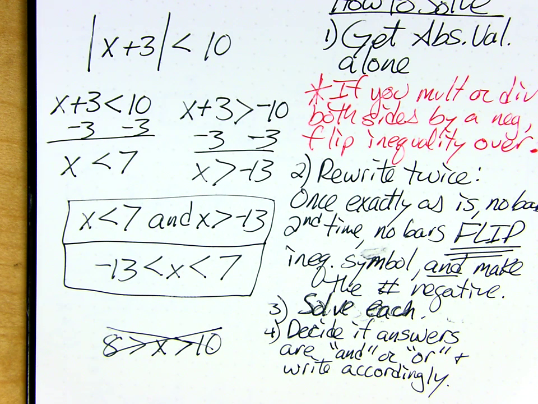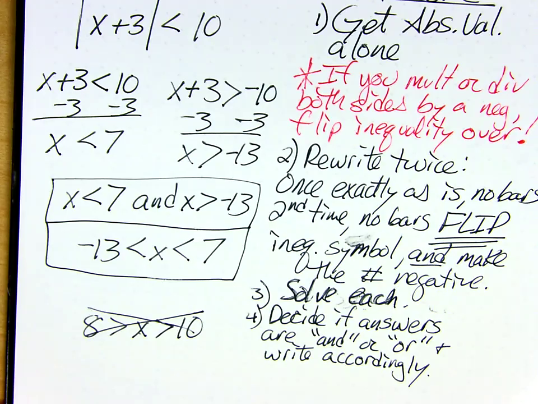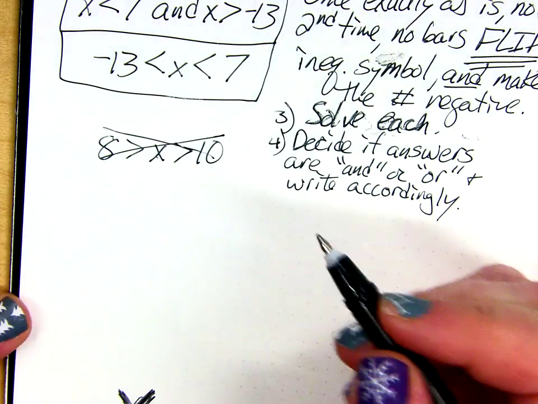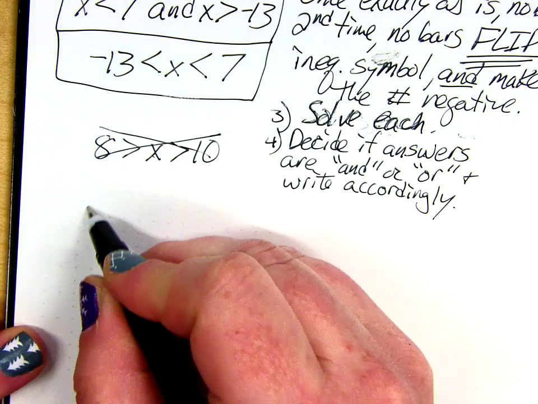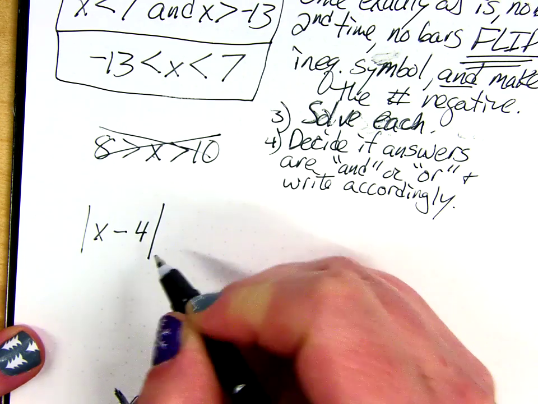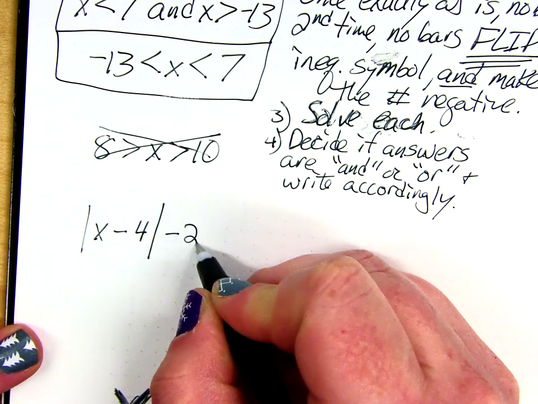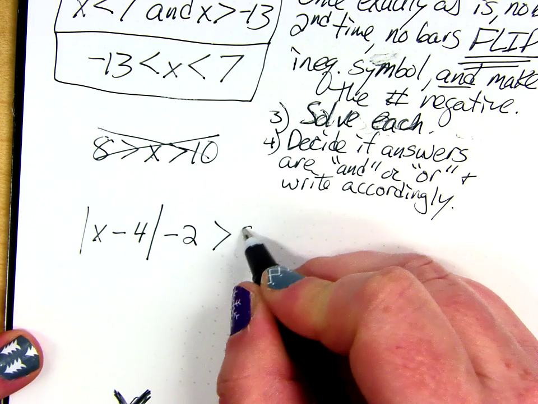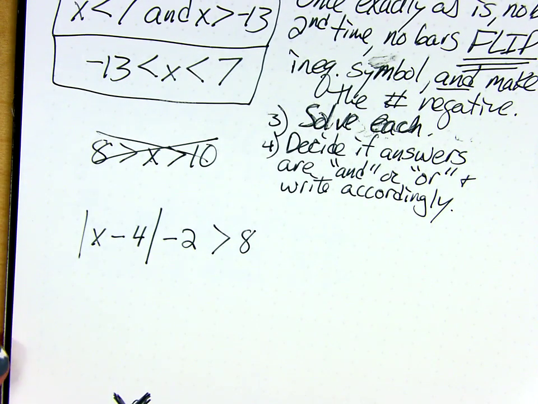Okay, let's try another, one that's an or. How about x minus 4 minus 2 is greater than 8.